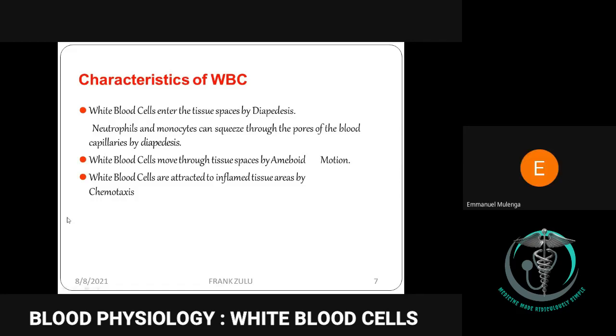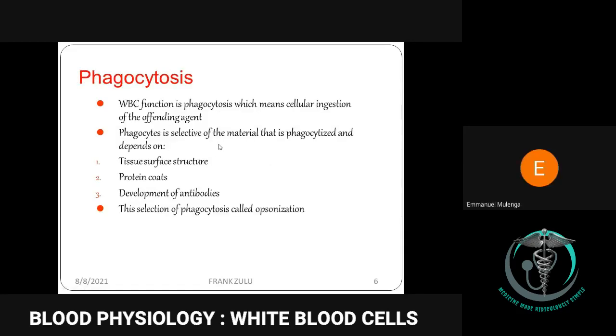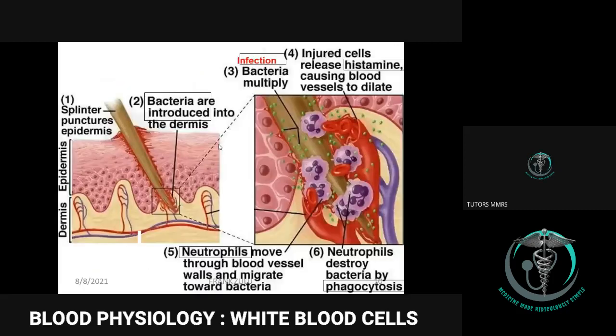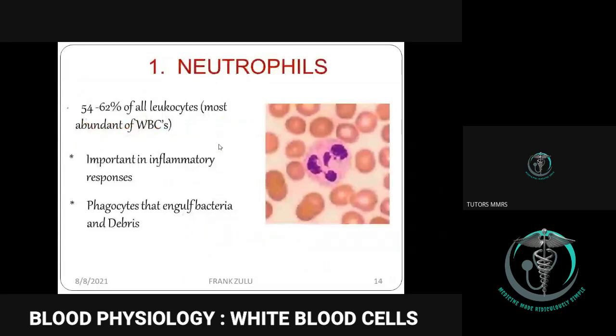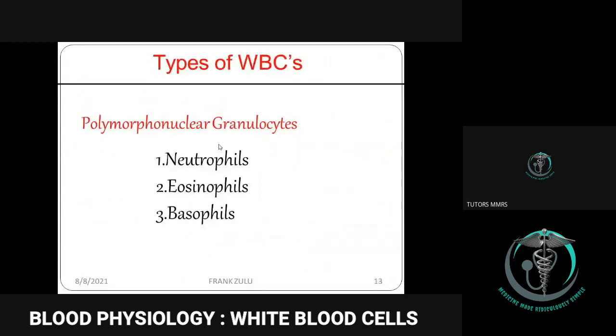I came across a question which stated: which two leukocytes undergo phagocytosis? Let me look at these slides. When we start looking at those cells, we should be able to answer that question.